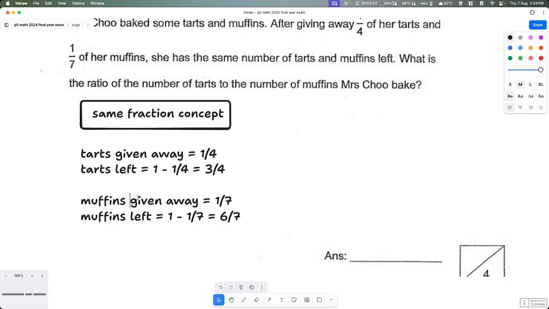In this case, we need to make, step 1, the numerators the same.